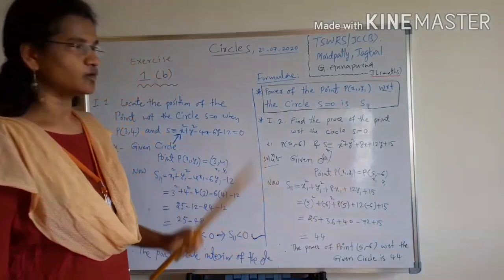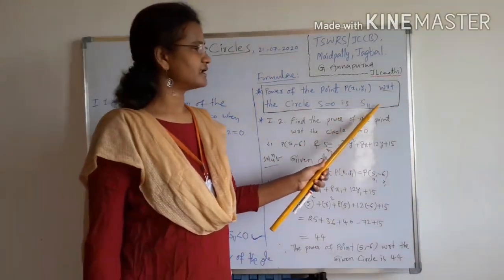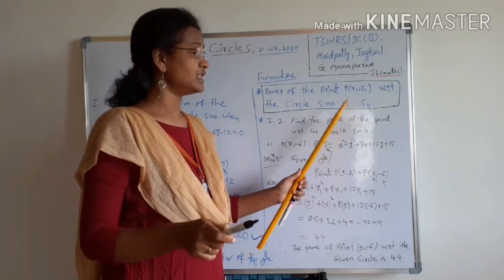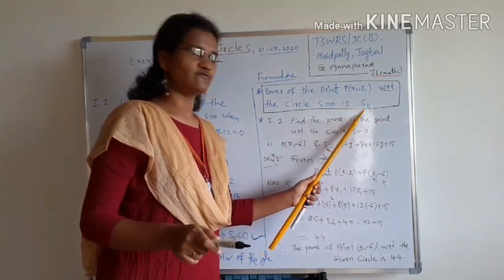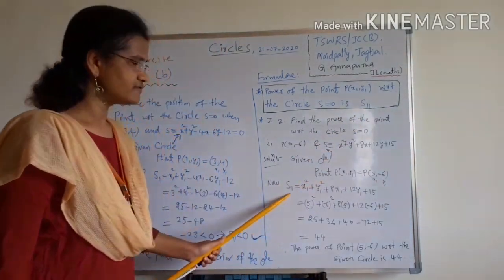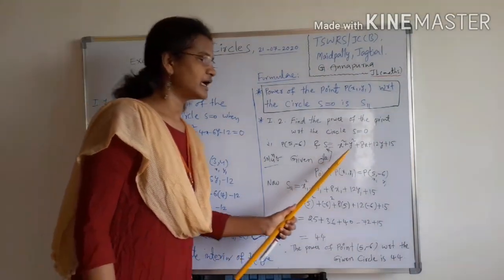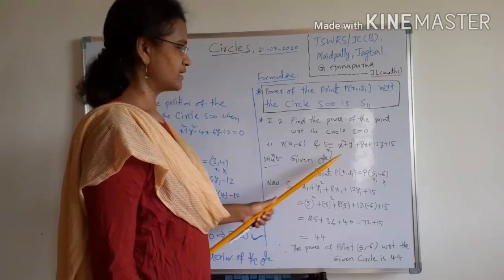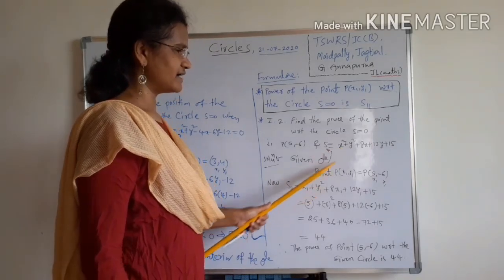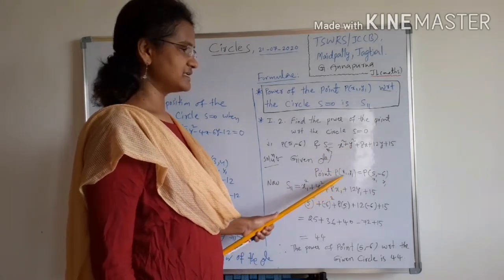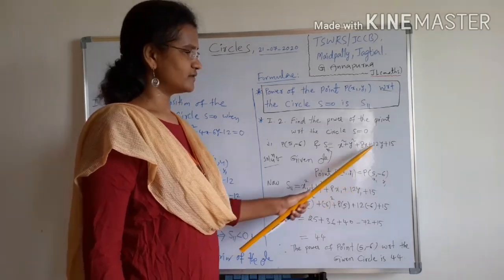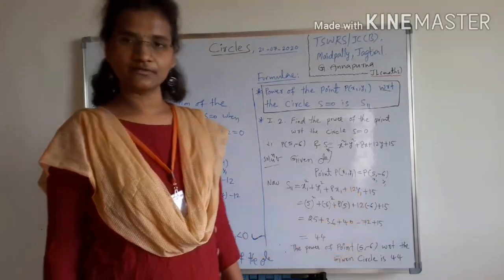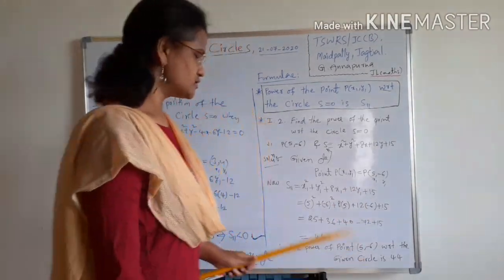Right? Now we have to find the power of the point with respect to the circle. So what do we have to find? S11. According to our given circle, S11 is x1 square, y1 square plus 8x1 plus 12y1 plus 15. Okay. Now we have the x1 value and y1 value, so we have to substitute.